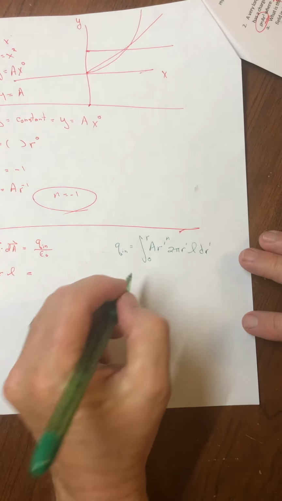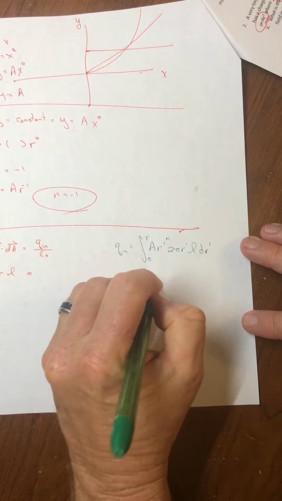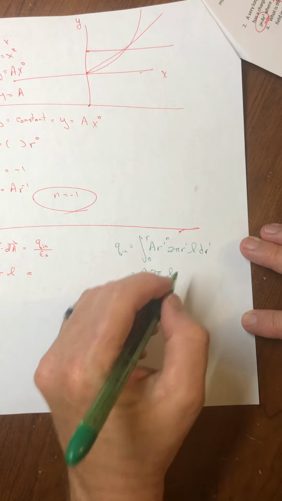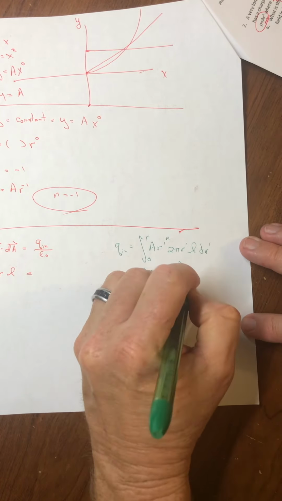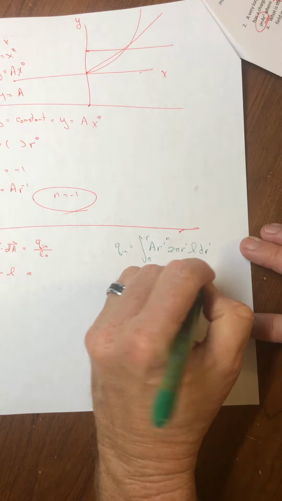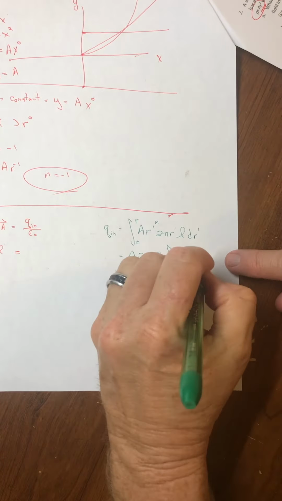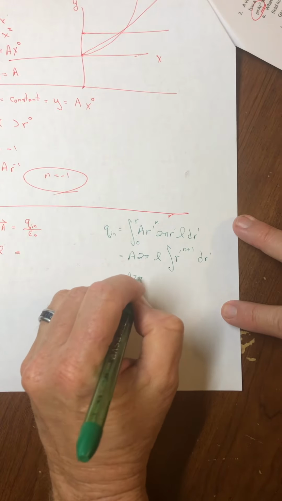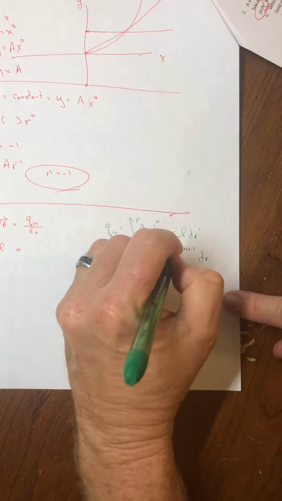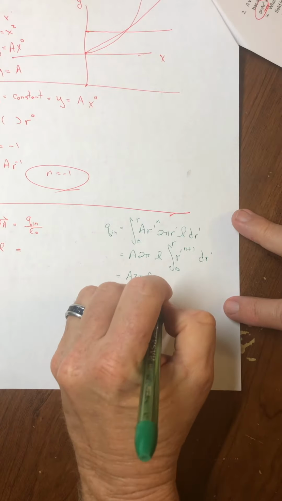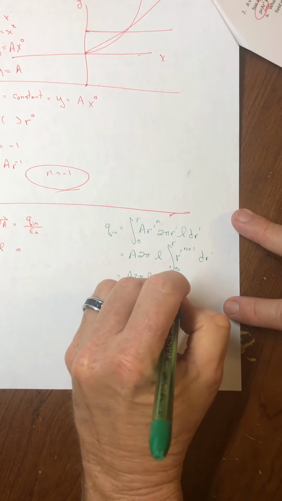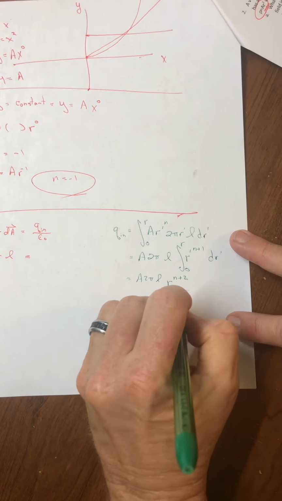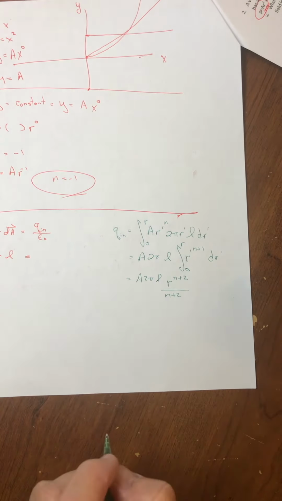In fact, I'll just carry that out. This would be an a, and I'll pull out the 2 pi and the L, and then I would have this integral of r prime to the n plus 1 dr prime. When I do the integration from 0 to r, I would get r to the n plus 2, right? You raise the exponent by 1 and divide by the new exponent.